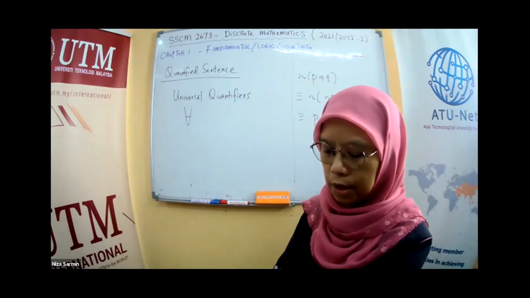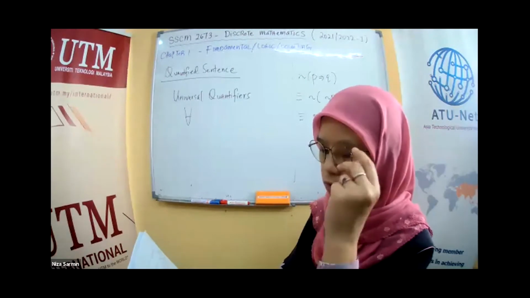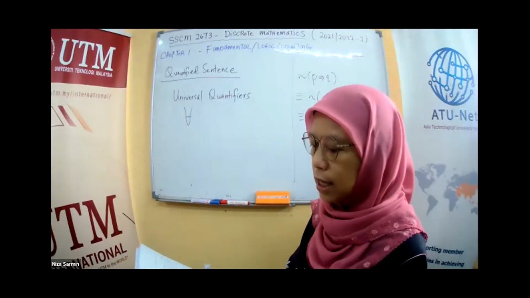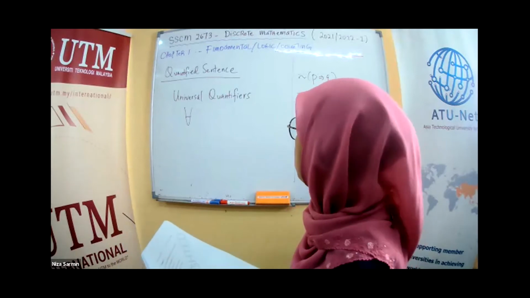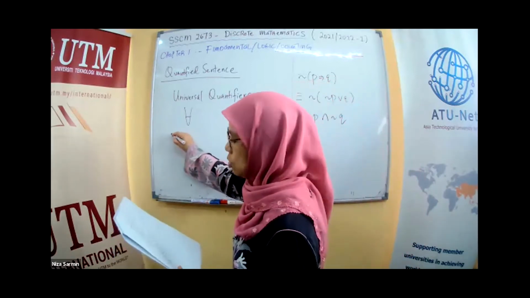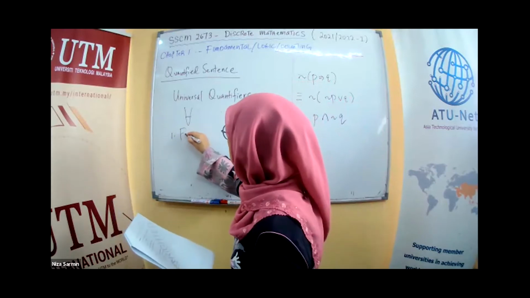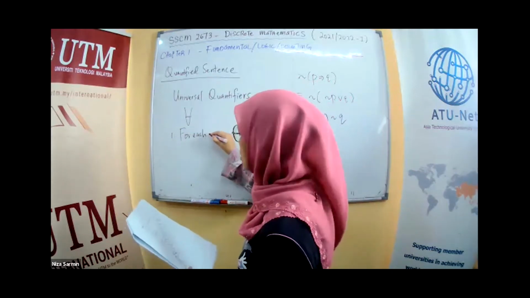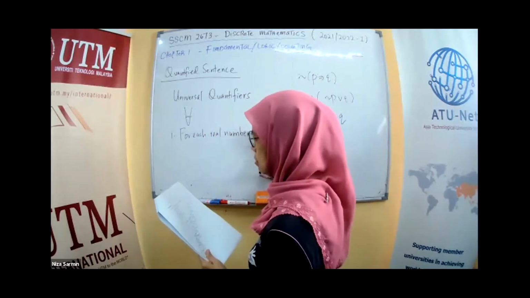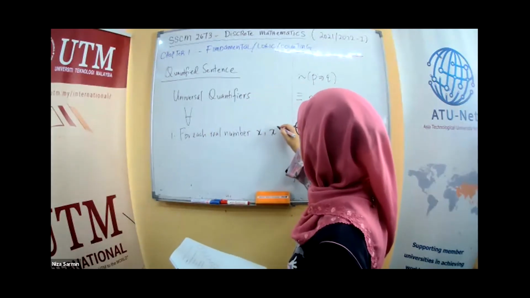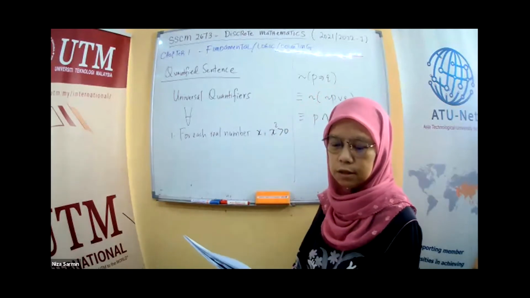Okay. Now next is to convert each sentence to a symbolic form. Let's try to do this. So first example. For each real number x squared is bigger than 0.